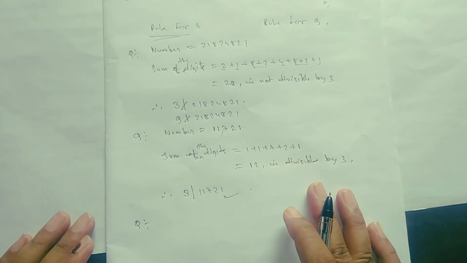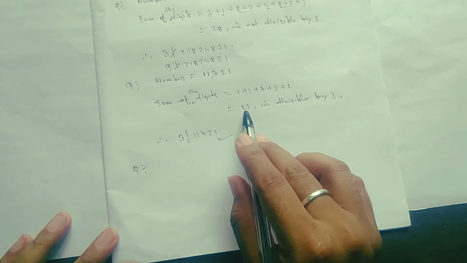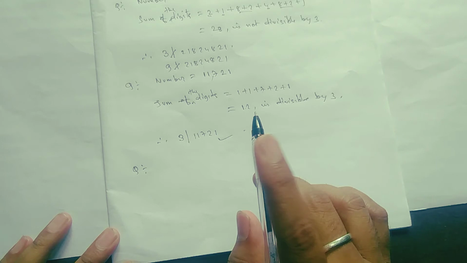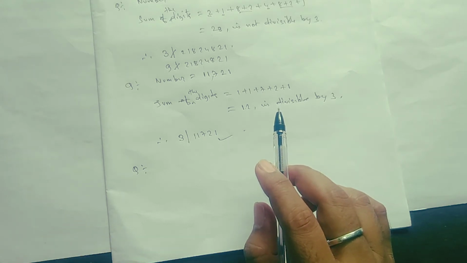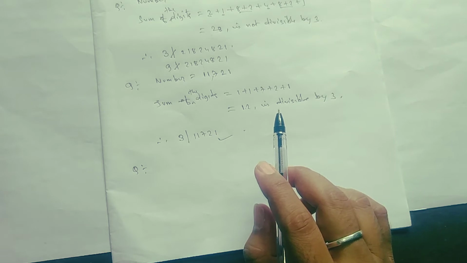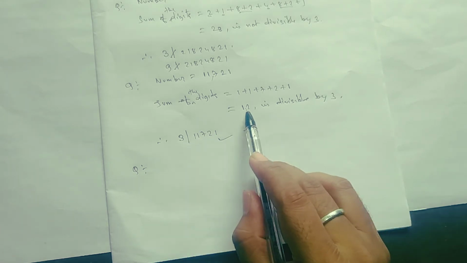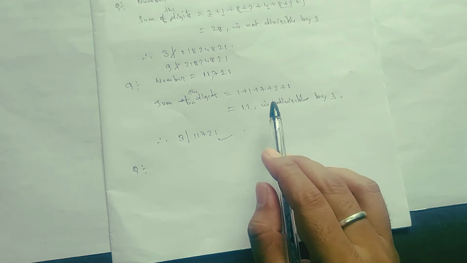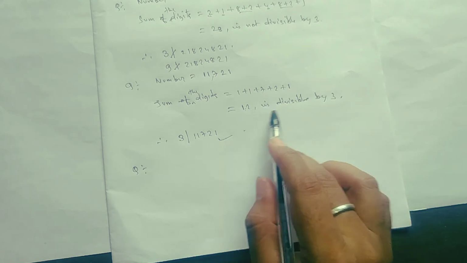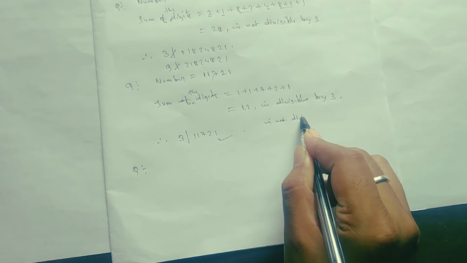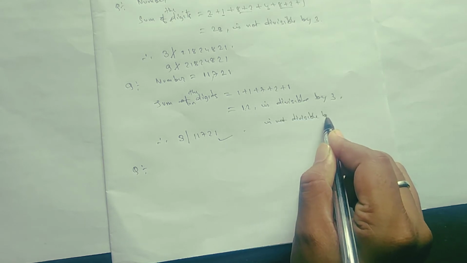Okay. Same here if we go through this one. Now look at here. A number which is divisible by 3 is not necessarily divisible by 9. Why? Check it here. 12 is divisible by 3, but 12 is not divisible by 9.